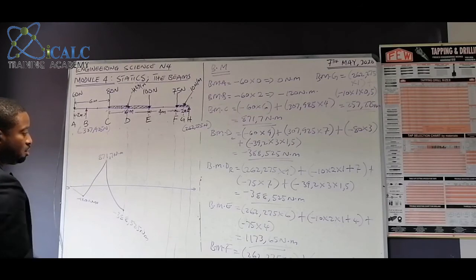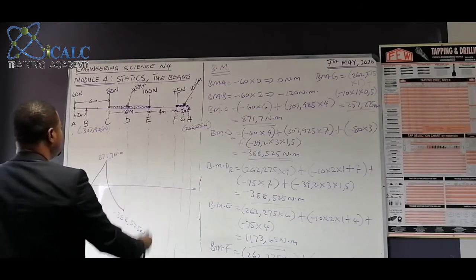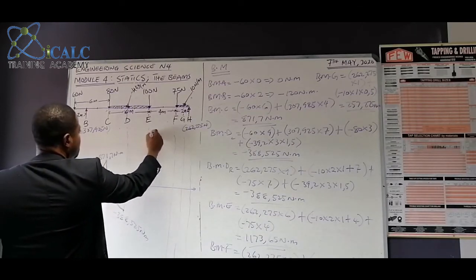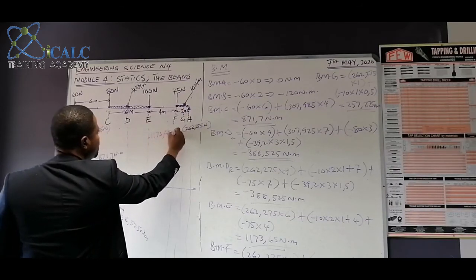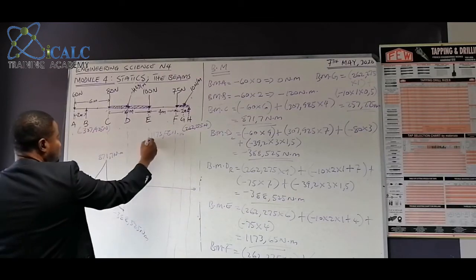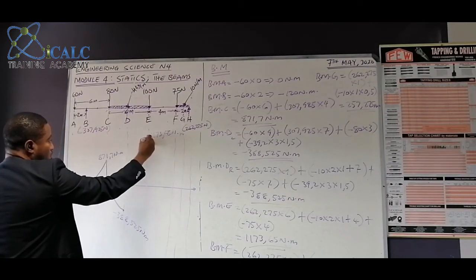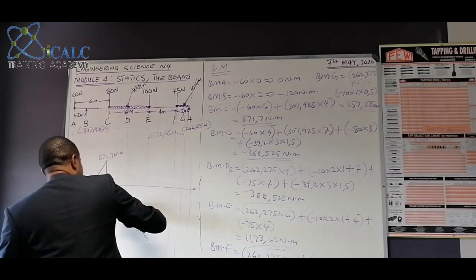Okay. BME is positive 1173.65 Newton meter. So also we have to bend there.